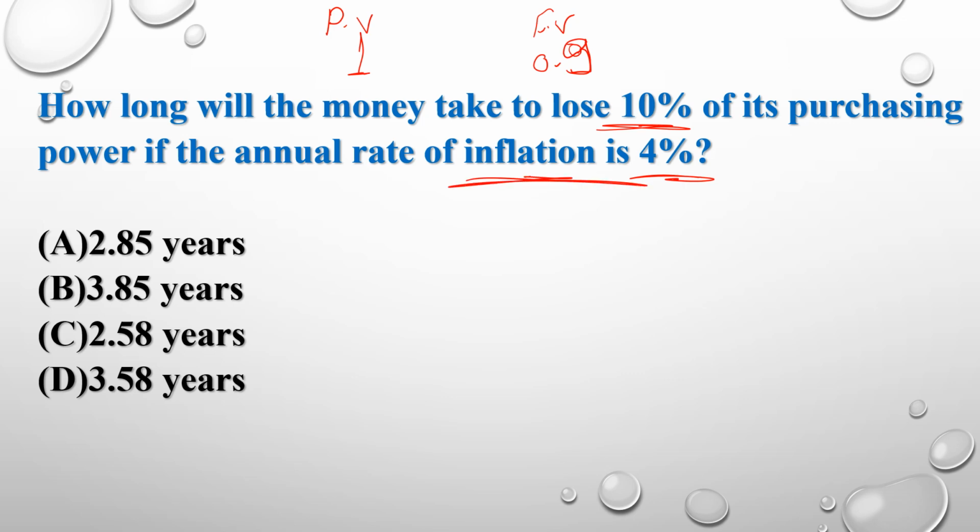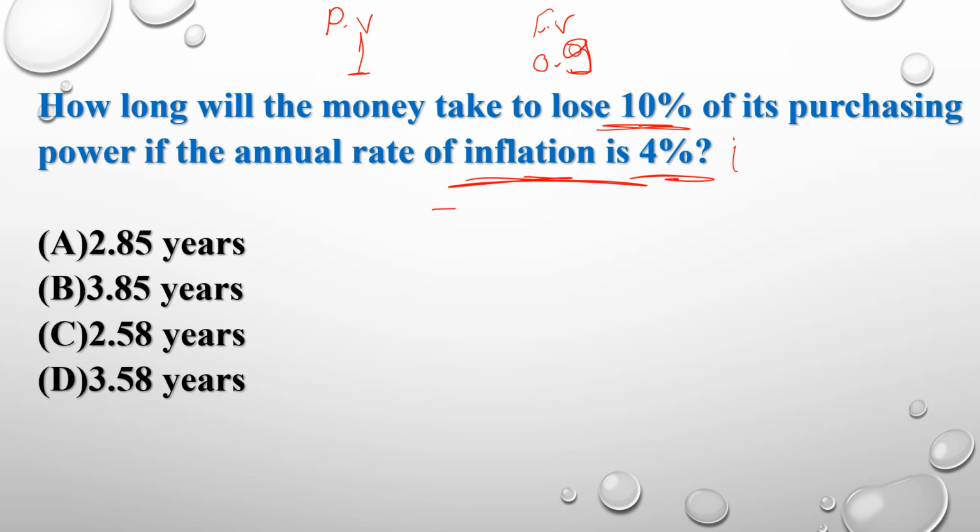This is the future value because the money will lose 10% of its purchasing power, and the inflation rate is 4%, and this is i, the annual inflation rate. He needs to know how long the money will take to lose 10% of its purchasing power. So he's asking you about n.